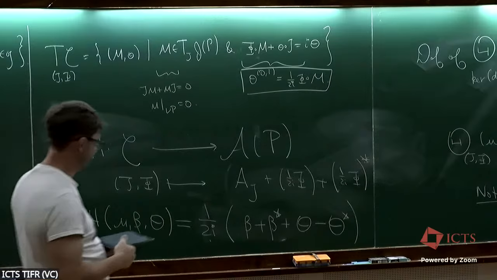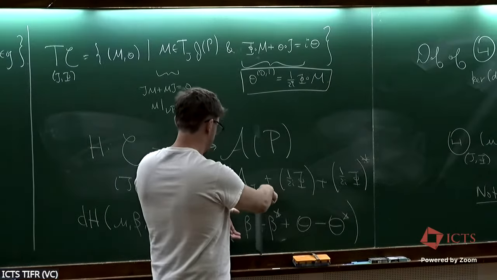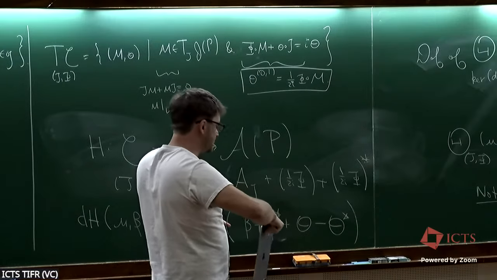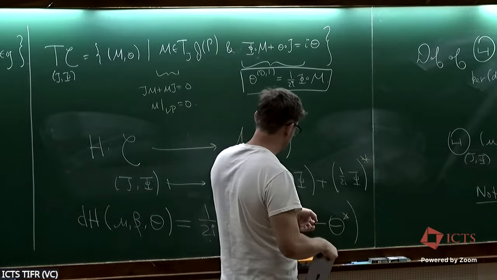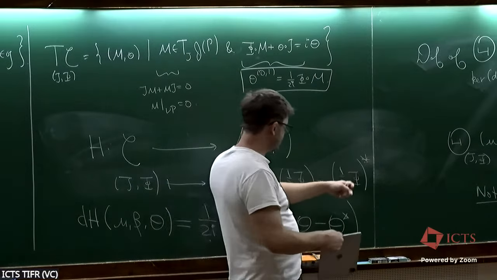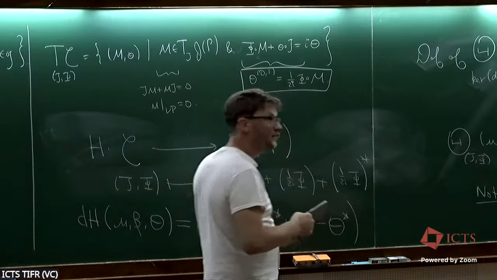Okay, so if you put the 1 over 2i back in, it's 1 over 2i beta minus 1 over 2i beta quantity star, and then plus 1 over 2i theta from here, plus 1 over 2i theta star.